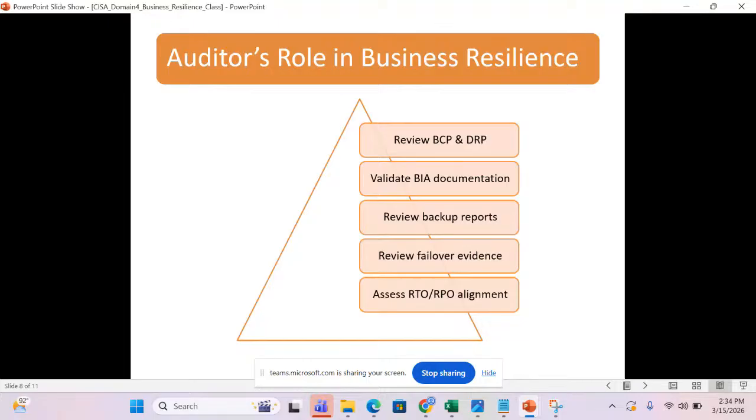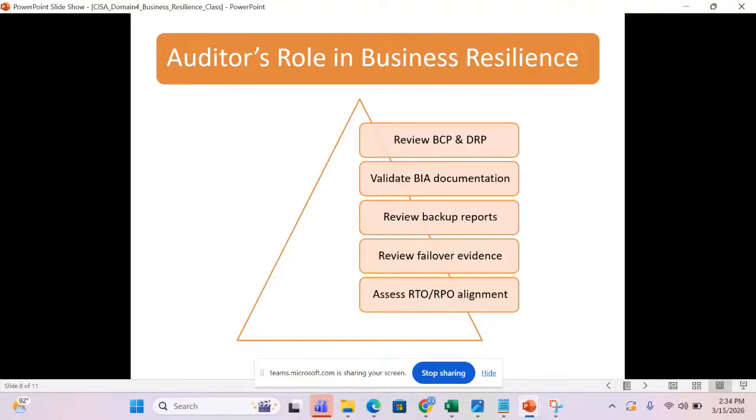Another role you have as an IT auditor is to review backup reports. We mentioned that there should be monitoring and logging, which speaks to how backup is being done in the organization. You need to review the backup reports and ensure that the organization is actually carrying out backup as indicated.